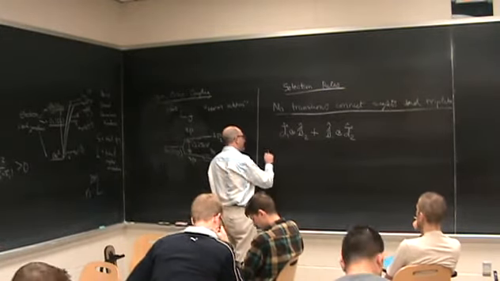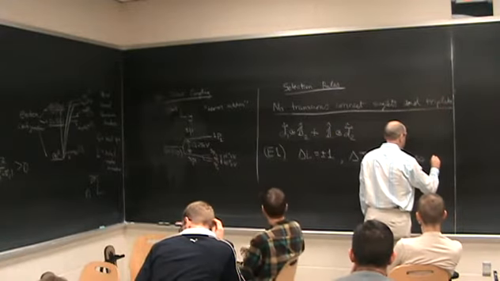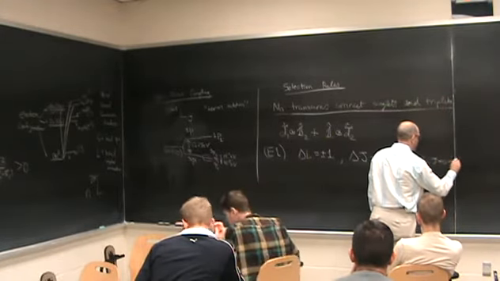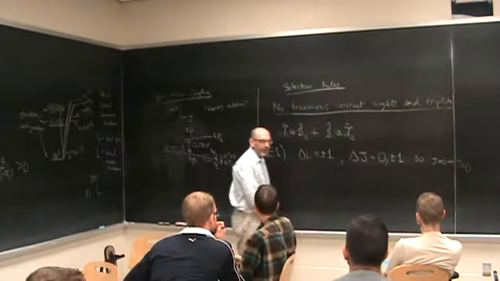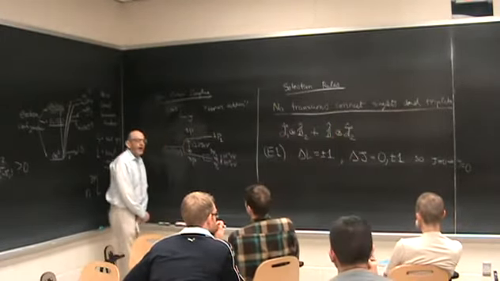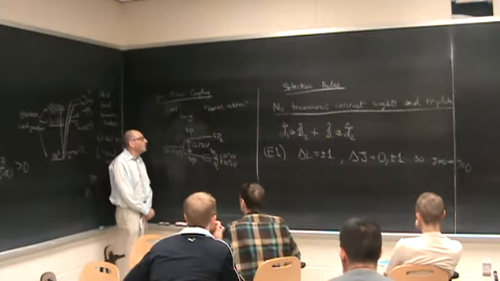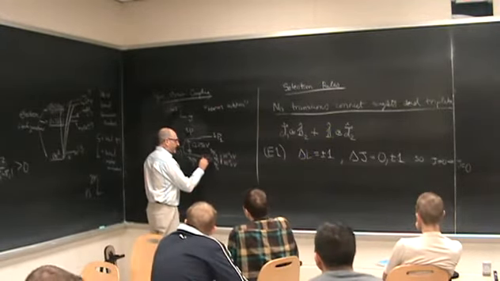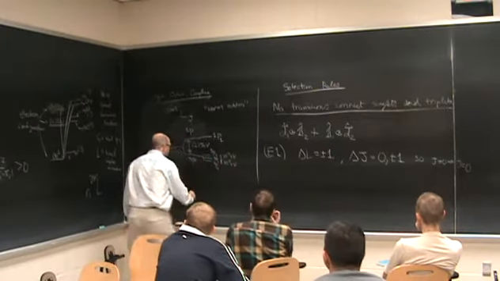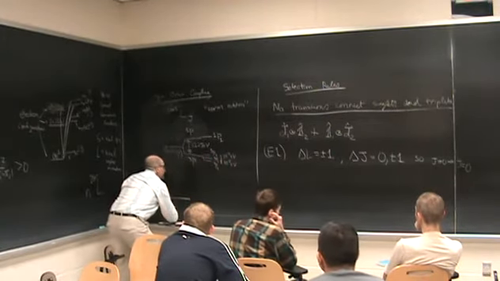Delta J can be 0 or plus or minus 1, but no J equals 0 to J equals 0. And we have similar kinds of rules. Suppose I am in, well, let's draw down here the ground state.